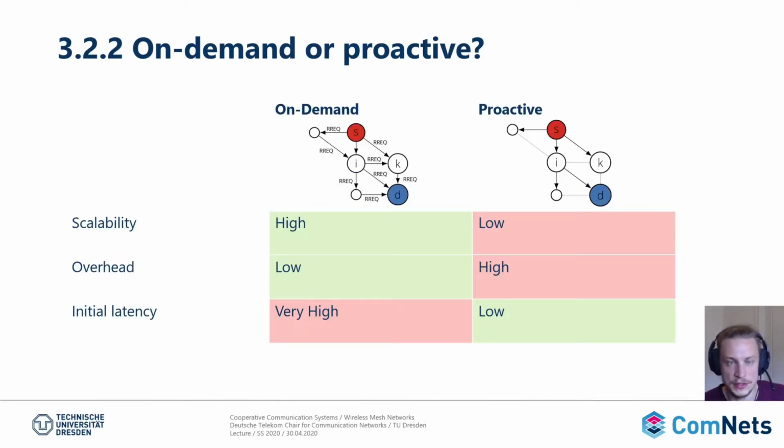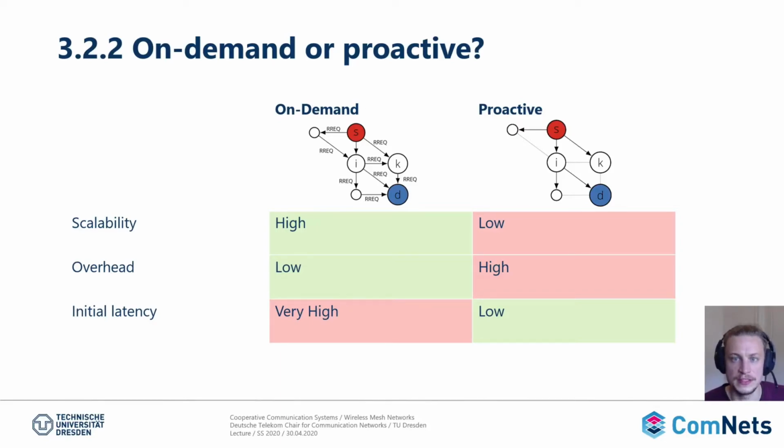So if we compare those two ways to create a route, we see that on-demand routing is more scalable and incurs less overhead, but the initial latency, so the time that is spent while creating the routes, is much higher than in proactive routing.